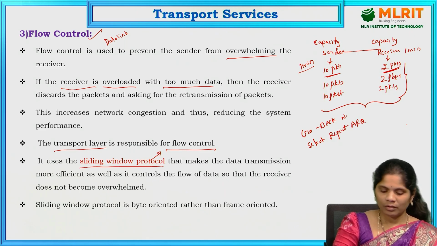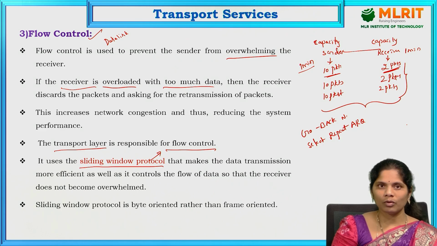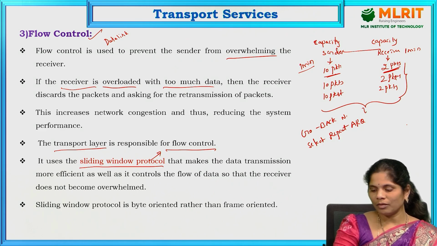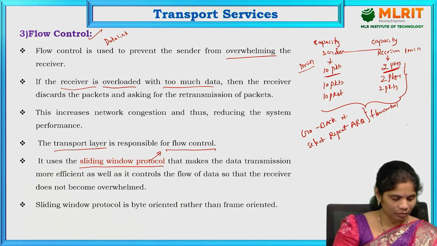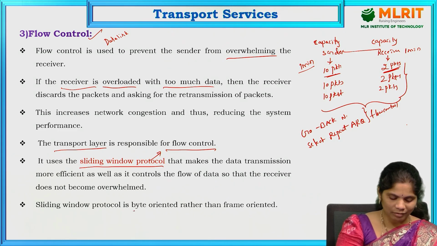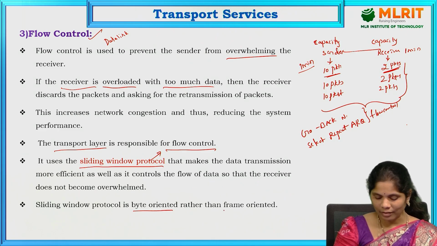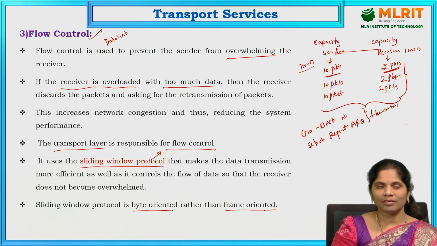These two protocols are mainly used for the flow control mechanism. This is how we control the flow using sliding window protocols, and these sliding window protocols are byte oriented rather than frame oriented. This is about the flow control in the transport services provided by the transport layer.